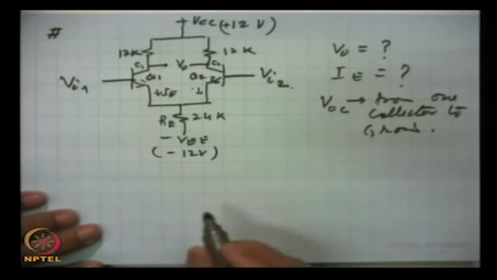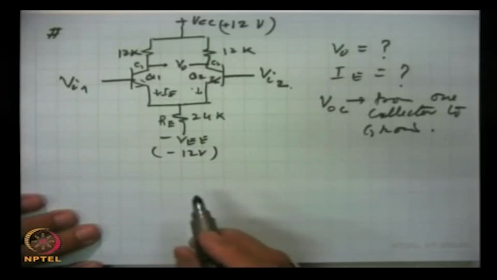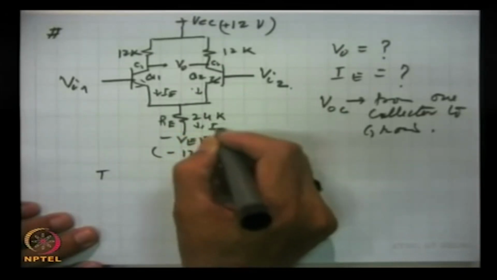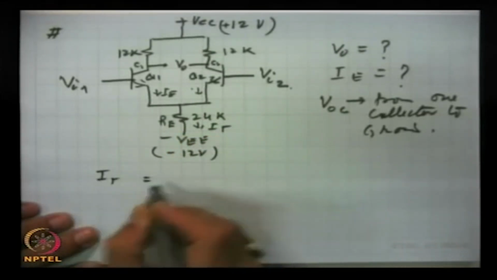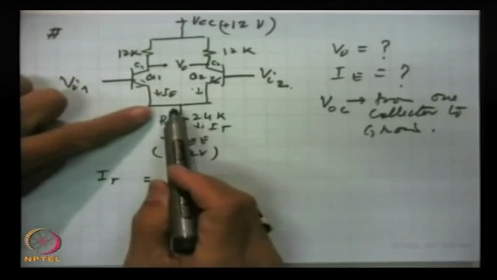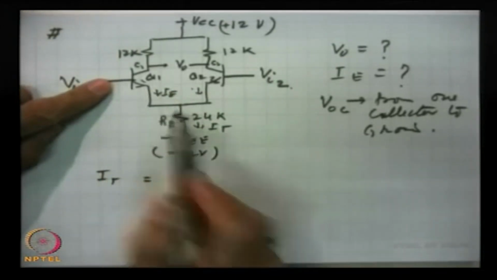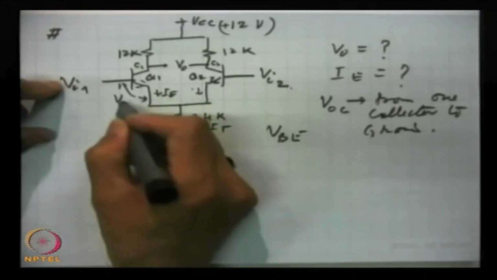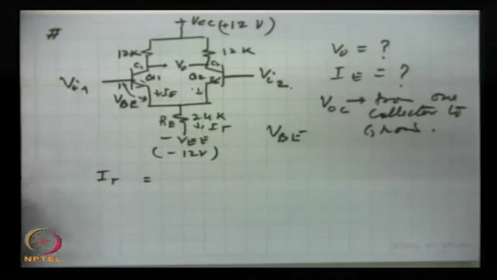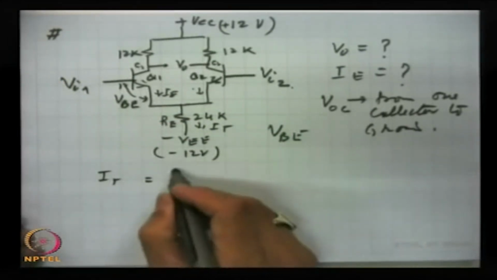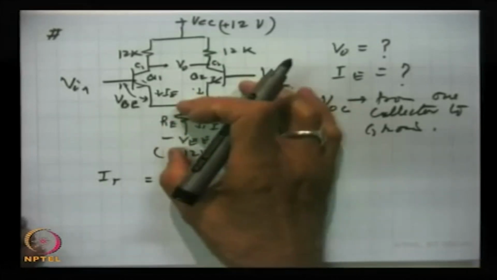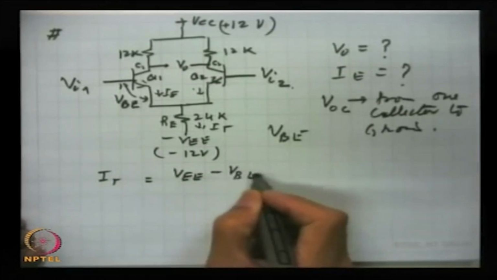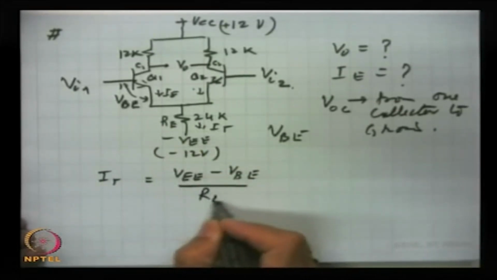Now, for this the solution is simple. First we have to find out the tail current IT. This is at potential VE, VBE, this voltage, and this is at VEE. So, the potential difference across this resistance is this divided by RE. This is the tail current.